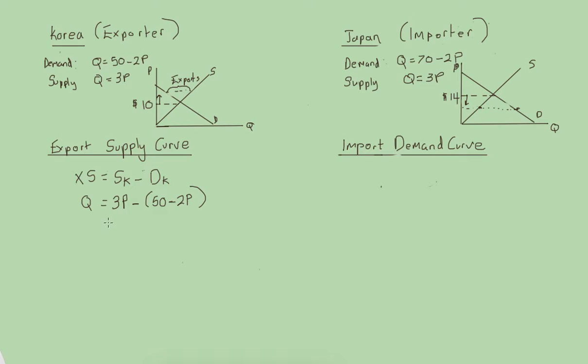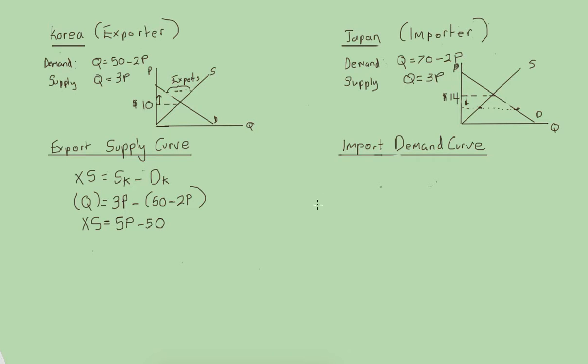We will collect some terms here. I just said Q there to remind you that export supply is a quantity. So we've got 3P, and then minus 50, but then we have a minus multiplied by a minus, so we have to remember that's a positive. That's something that people tend to forget when we do this in class. So anyway, our export supply curve is equal to 5P minus 50.